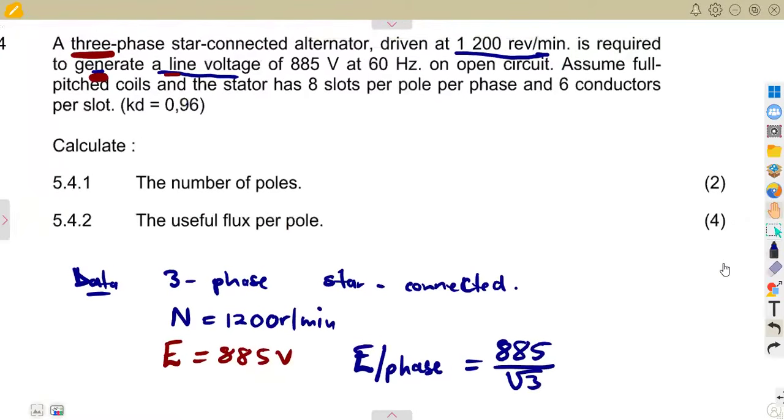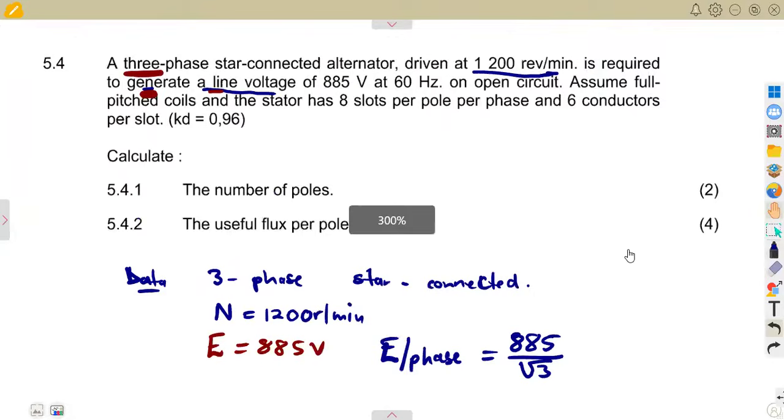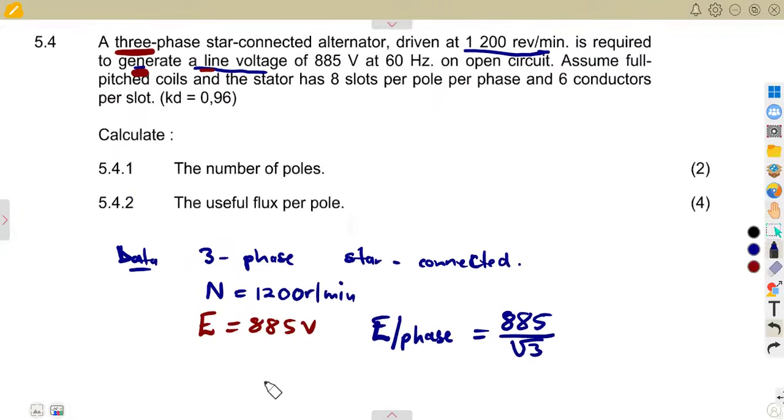All right. At a frequency of 60 hertz, the frequency is given as 60 hertz, so there's nothing to change there. Just going to take our frequency as it is at 60 hertz. Open circuit. Assume full pitched coils.